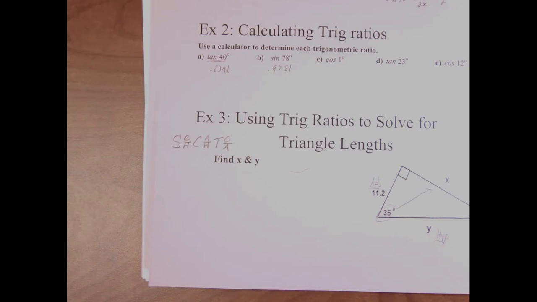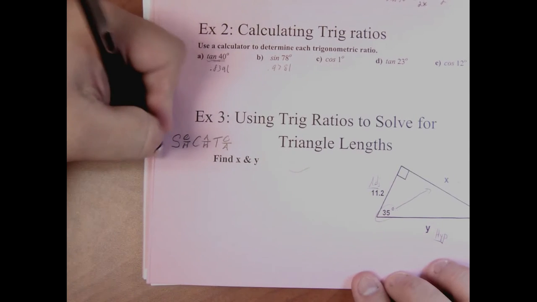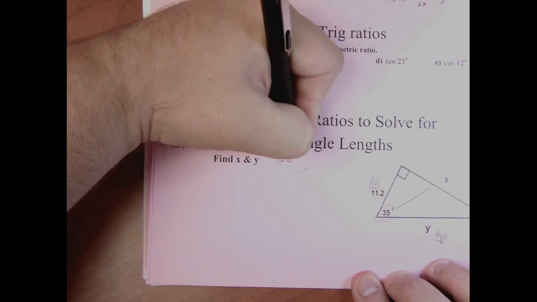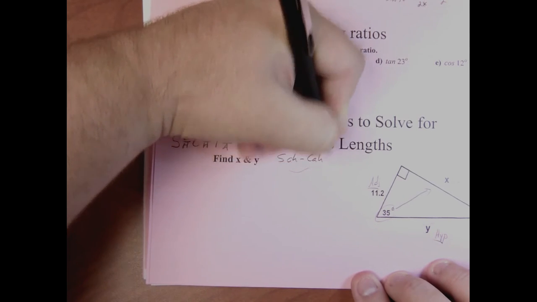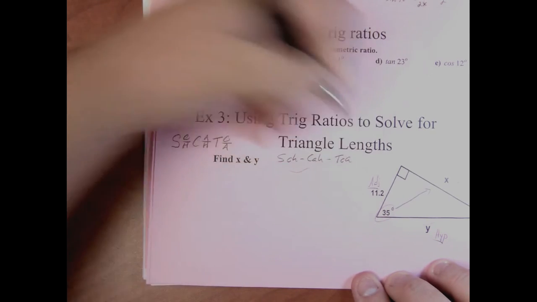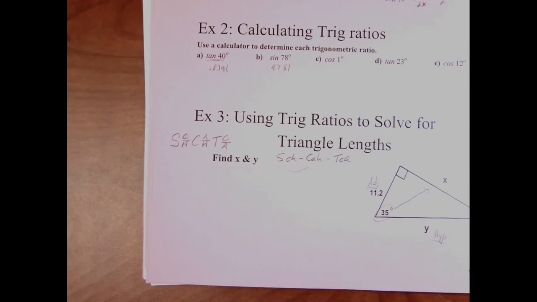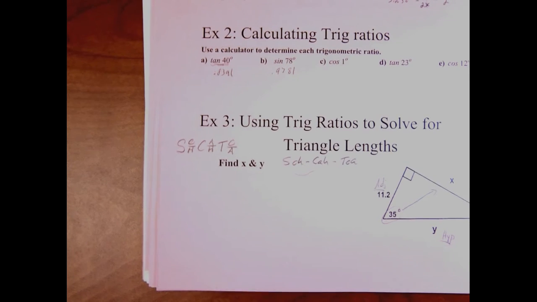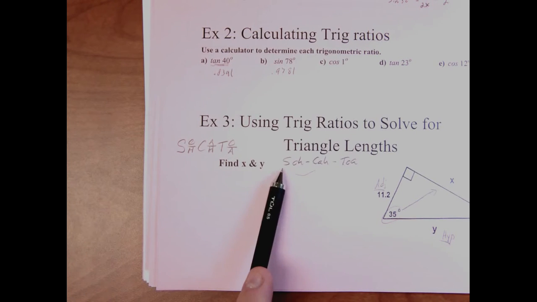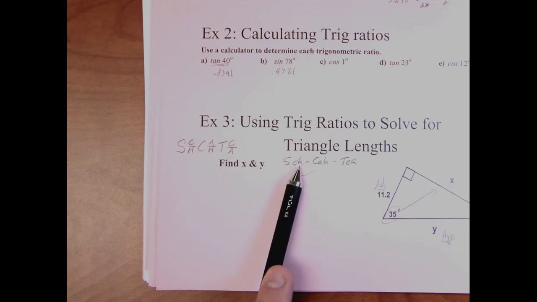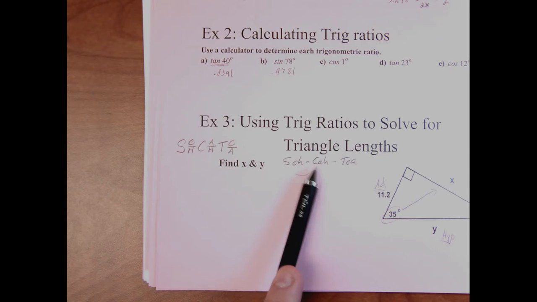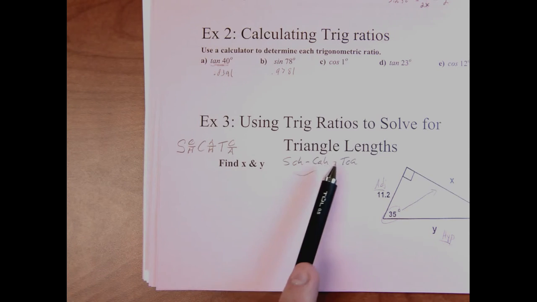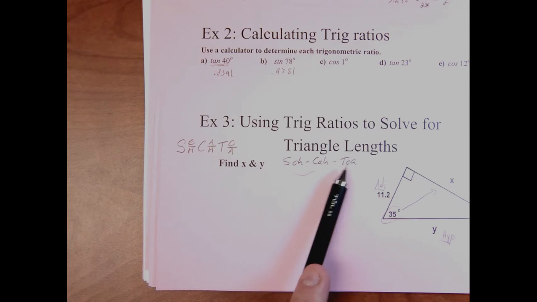Written out as one phrase, it would be SOHCAHTOA. This phrase SOHCAHTOA is a mnemonic device to help us remember which trigonometric ratio is assigned to each of its names. Sine is opposite over hypotenuse, cosine is adjacent over hypotenuse, and tangent is opposite over adjacent.